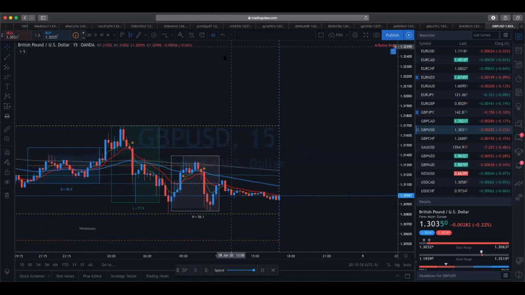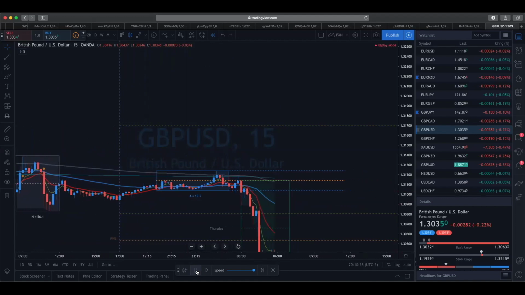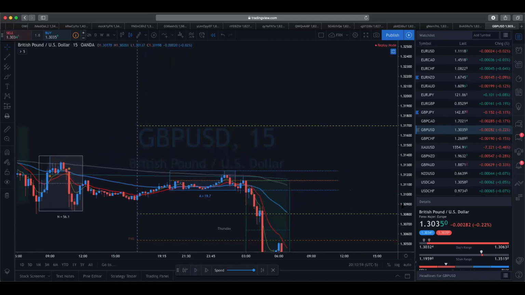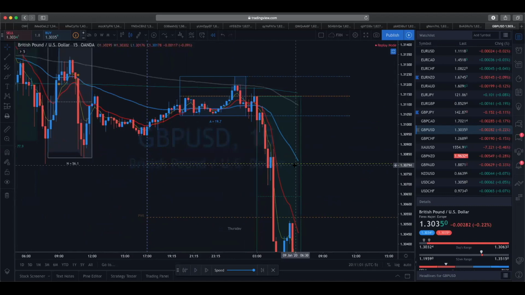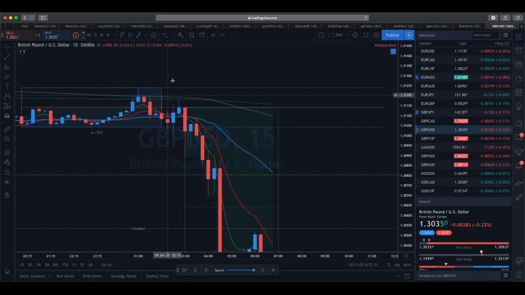So the trade is that there. On Thursday, can you already see the trade? 20 pip range.